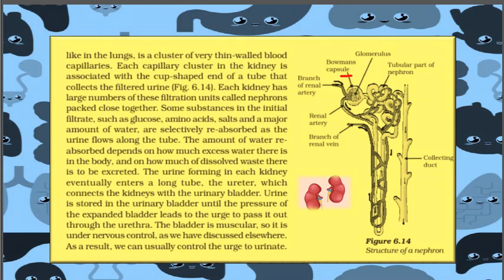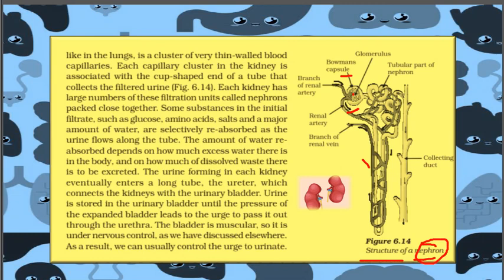Each kidney has a large number of these filtration units, not just one, and they are called nephrons. This is the basic structure of the nephron, and they are packed close together.